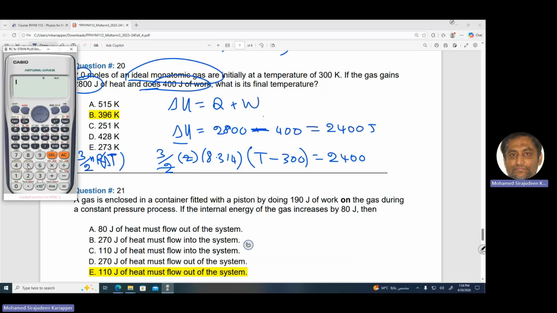I cancel the 2 and 2, so 3 multiplied by 8.314 multiplied by, I'll call x for the unknown, minus 300, close it, equal to 2400. Solve it. Shift, calc. Okay, 396.